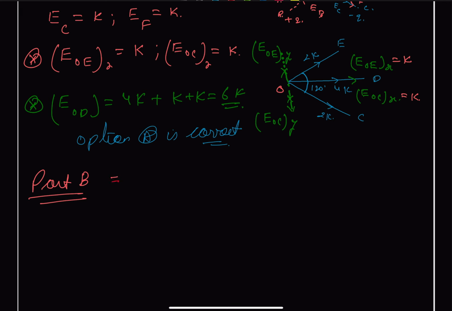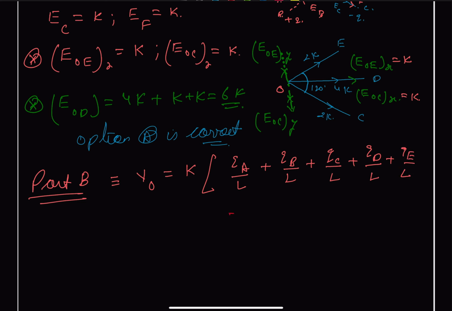we can say that potential at O, that is center V0, will be equal to K times charge at A divided by L plus charge B divided by L plus charge at C divided by L plus charge at D divided by L, and this is our charge E divided by L plus charge F divided by L. And we can easily substitute the values.